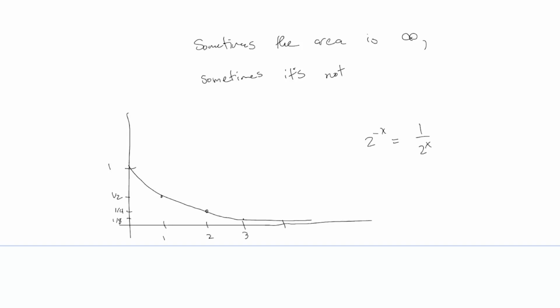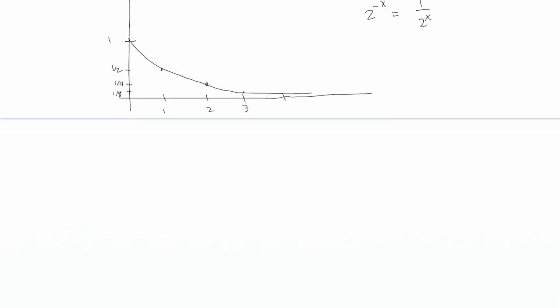Now, the area under that curve, check it out. What I'm about to draw is not equal to the area, but just like we do with kids in calculus class, I can try to estimate the area by looking at the area of the boxes.